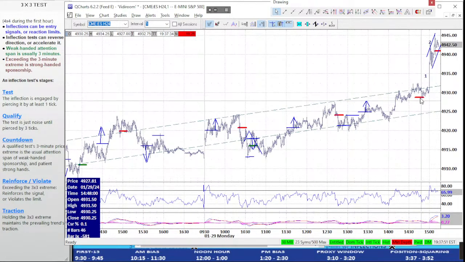This never gave us an opportunity to count 3 minutes, because notice when you know 3 minutes is the usual attention span of counter trend sponsorship, and there's a chance that you're in a trending day, not a chop, then rather than selling into strength, maybe use those 3 minutes to add.